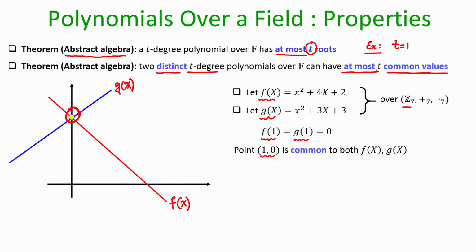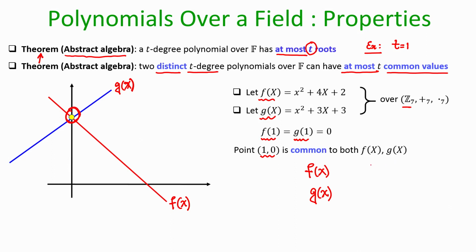And how can we prove it? Actually, we can prove the second theorem with the help of the first theorem here. If you consider two different polynomials f of x and g of x, the claim is, as per the theorem, that they can have at most t common values. So, we can prove it by contradiction. On the contrary, assume that they have t plus 1 or more common values.